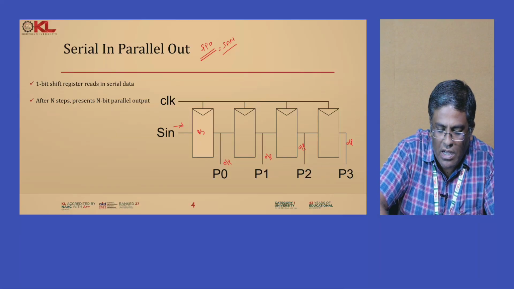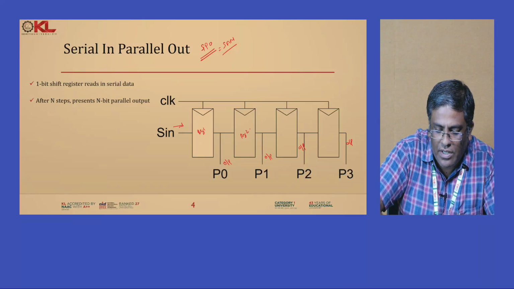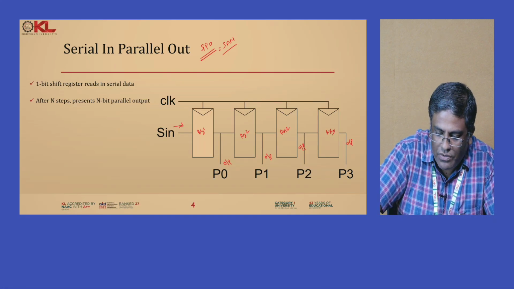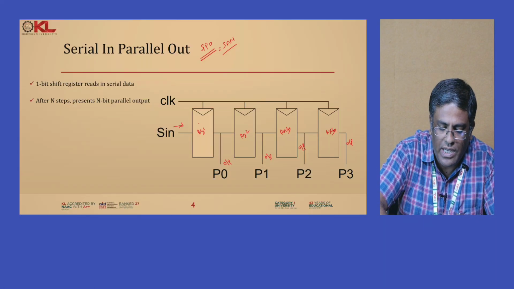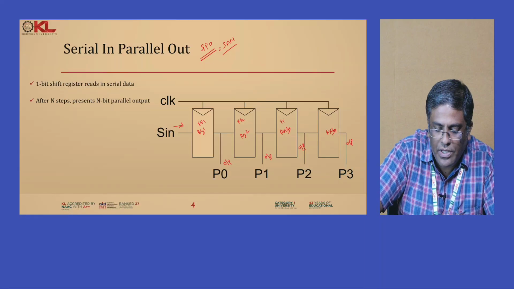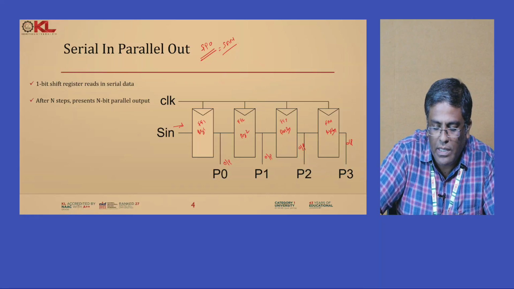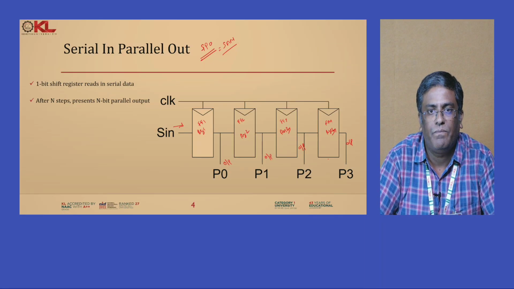This is register 1, register 2, register 3, and register 4. Or in other terms, we have flip flop 1, flip flop 2, flip flop 3, and flip flop 4 over there.